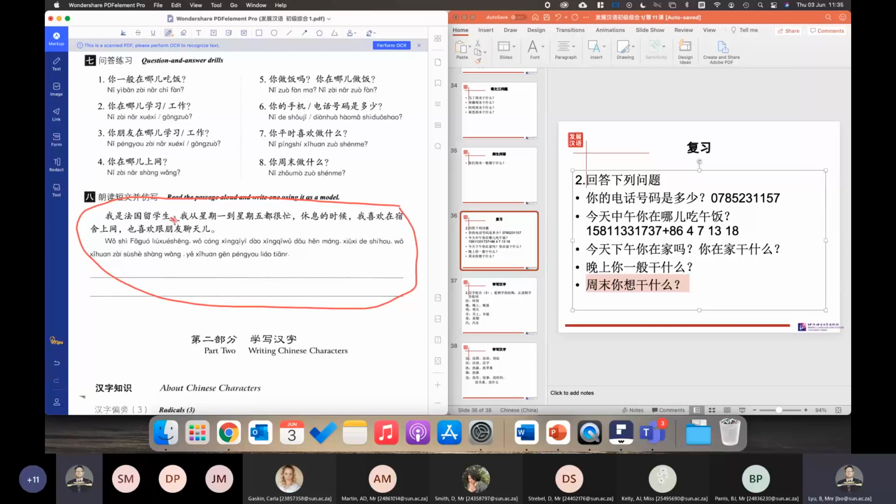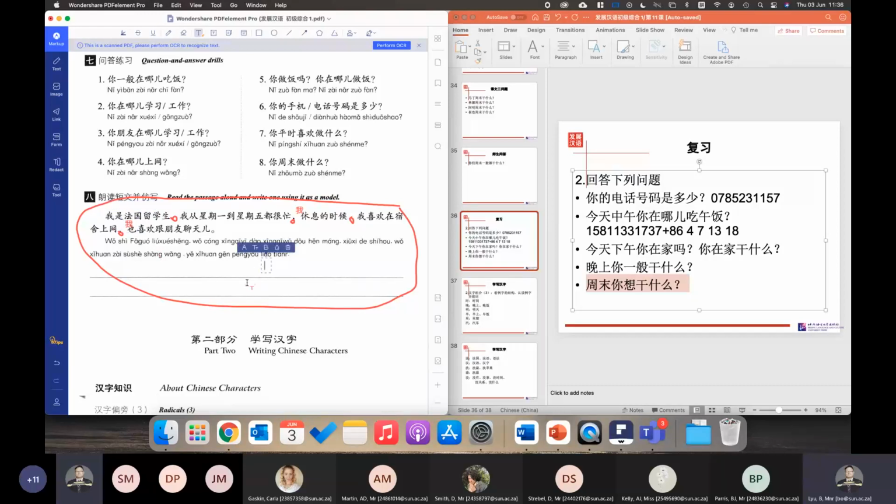我是法国留学生, full stop. 我从星期一到星期五都很忙, full stop. 休息的时候, normally we probably need to add a 我: 我休息的时候, full stop. 我喜欢在宿舍上网, full stop. And you probably need to add another 我 here: 我喜欢跟朋友聊天.